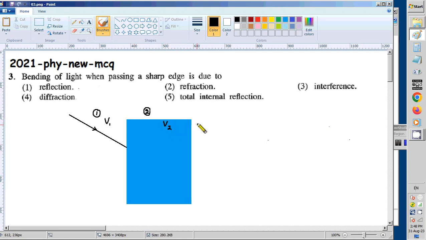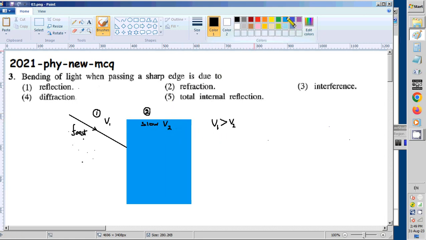If this is glass, we know the velocity of light v2 is less than v1, because this medium is air, where light is fast, and in this one light travels slowly. Therefore v2 is less than v1.